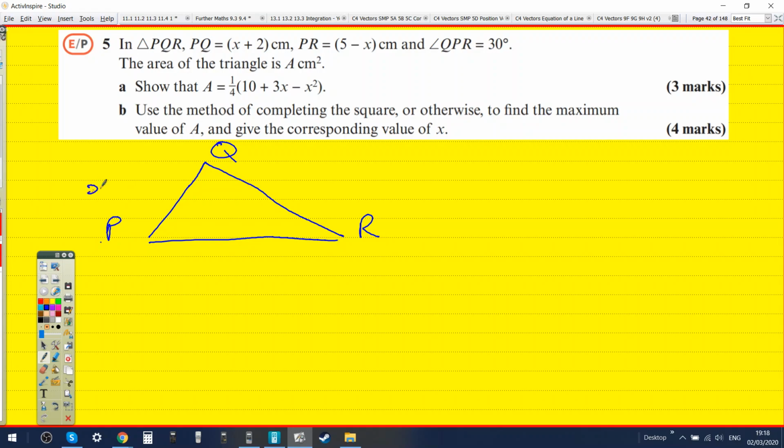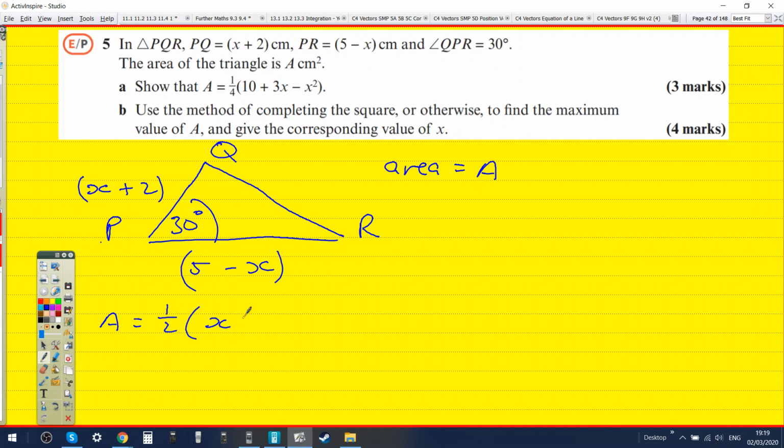So would I write out the area here or something? And then that would be half x plus 2 times 5 minus x times sine 30.